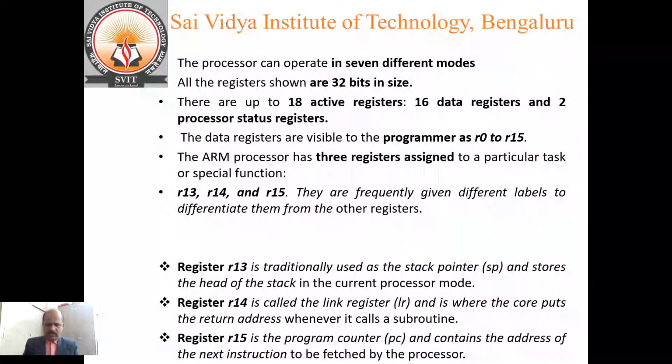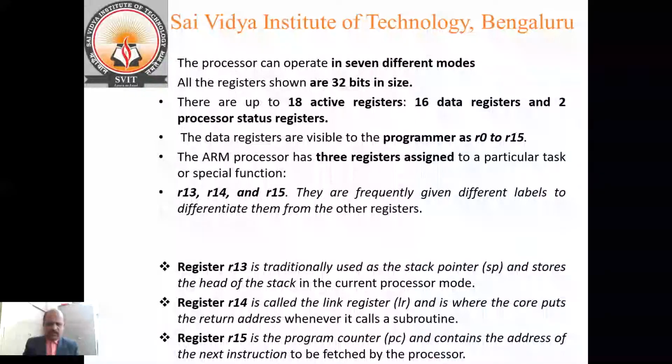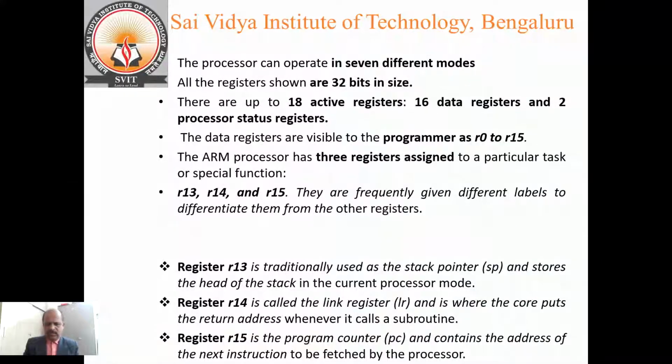Register R14 is called the link register, and is where the core puts the return address whenever it calls a subroutine. Register R15 is the program counter and contains the address of the next instruction to be fetched by the processor.